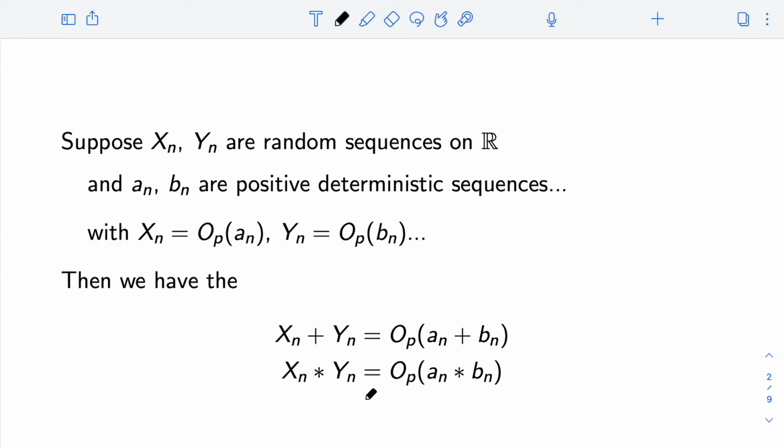The other is that the product, Xn times Yn, is bounded in probability by the product of an and bn. One other piece to note is that we could actually say that the sum is also bounded in probability by the max of an and bn, if we wanted to. We also have that result.